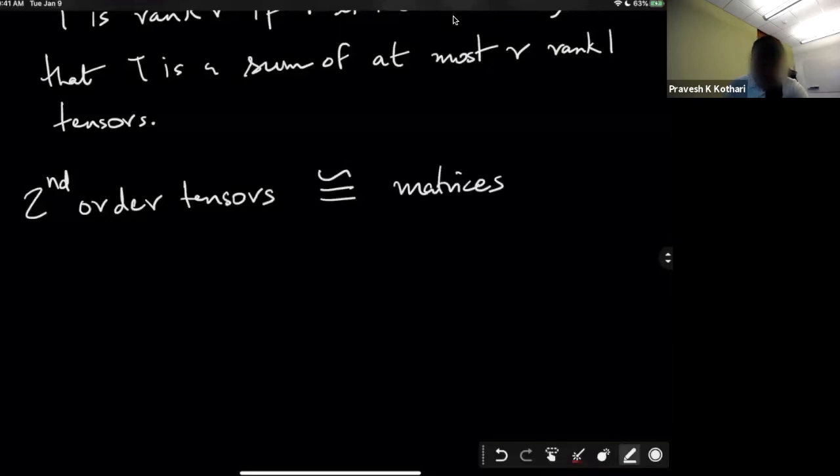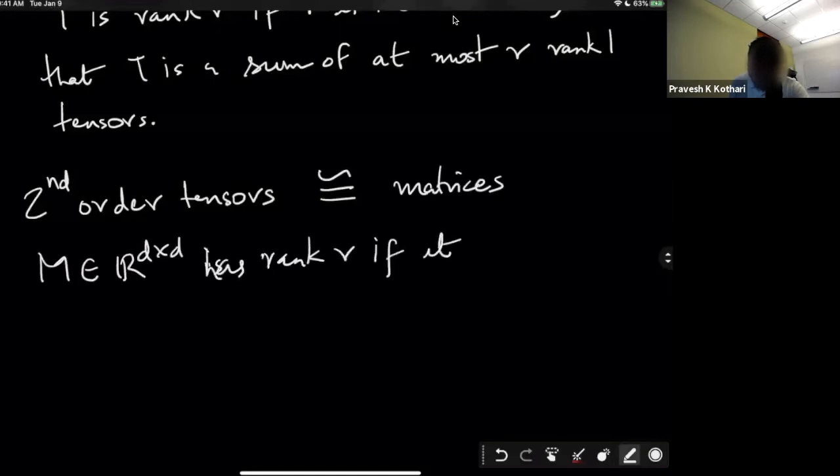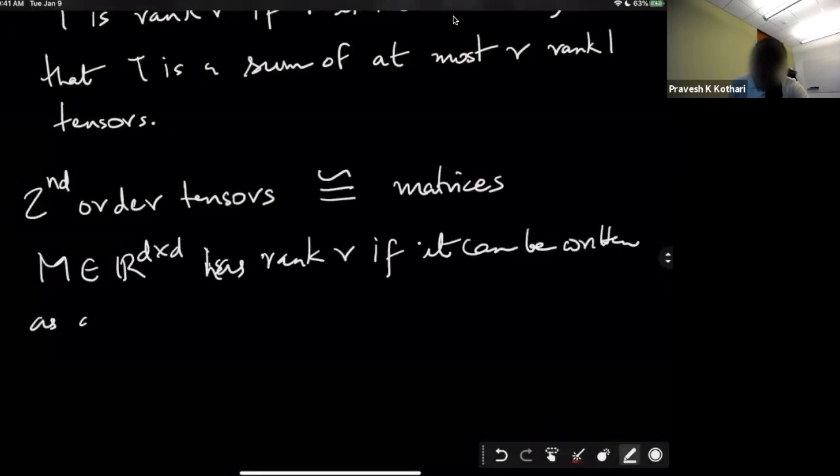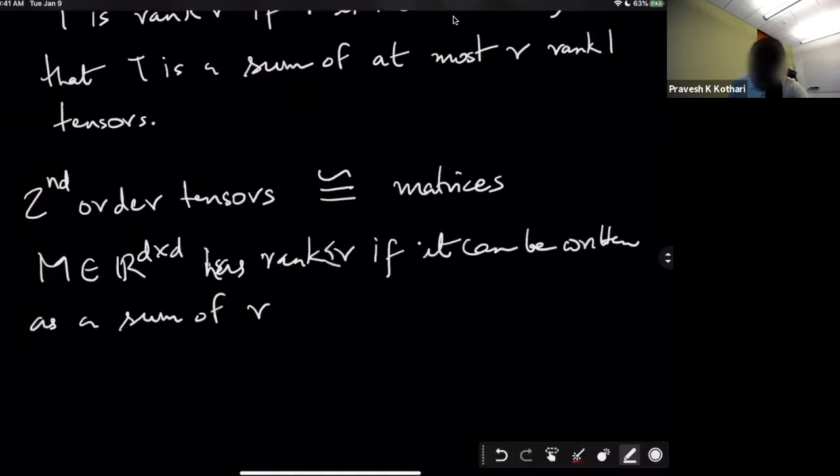In particular, if you recall, a d by d matrix M has rank at most R if it can be written as a sum of R rank 1 matrices.